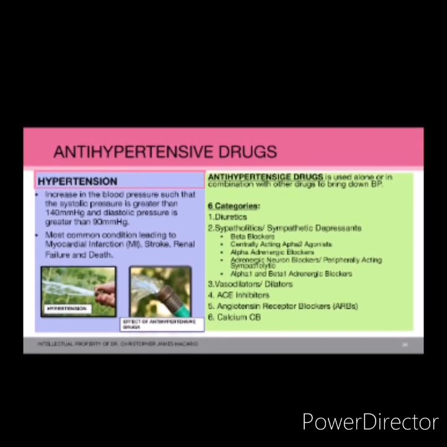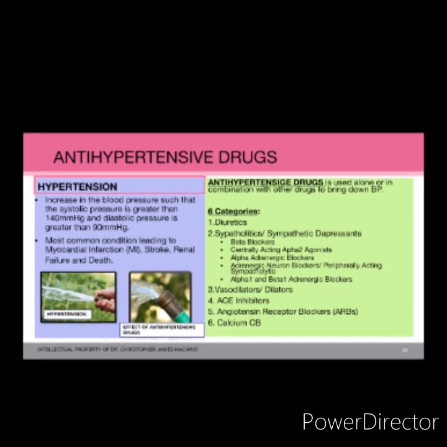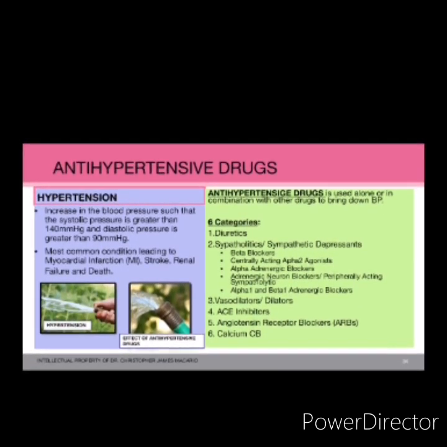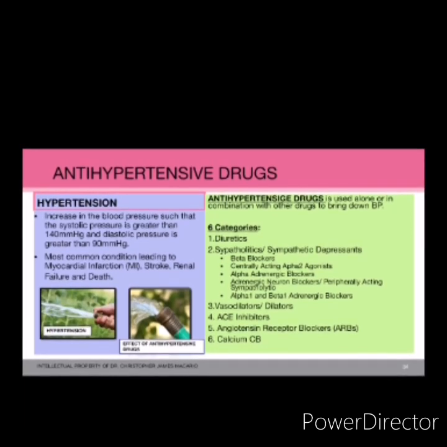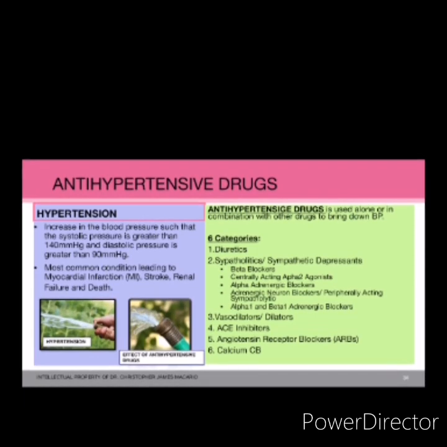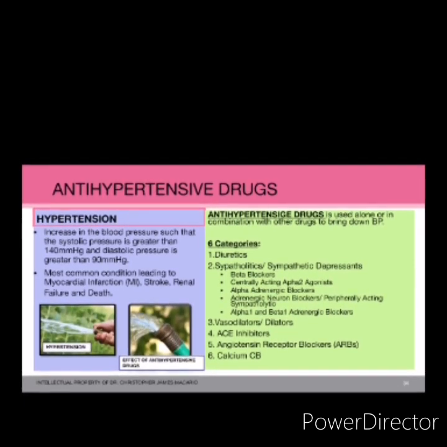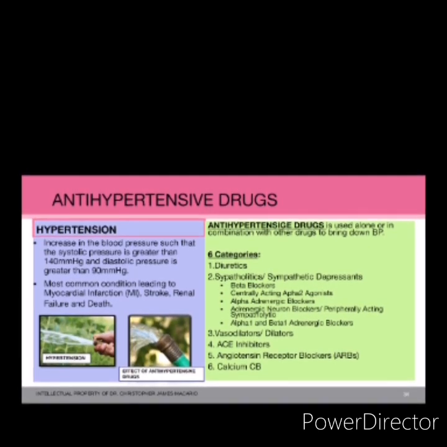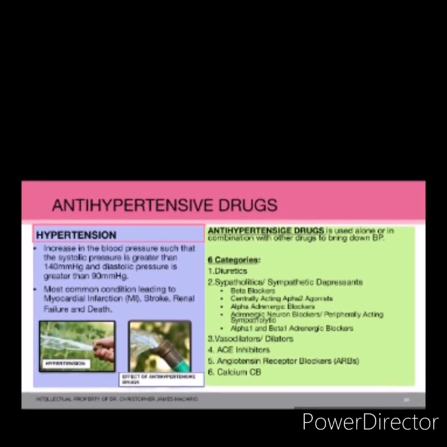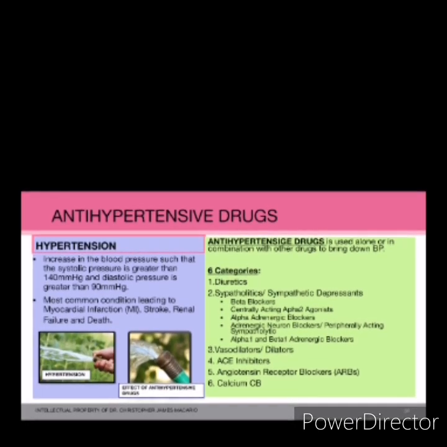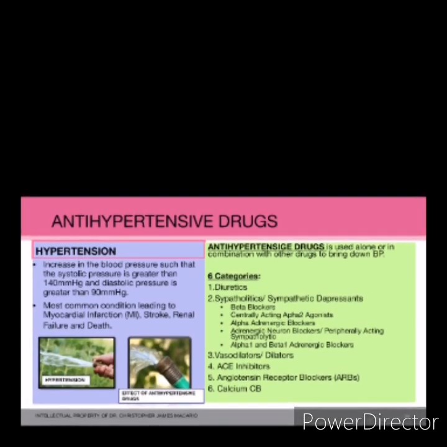There are 6 categories. Number 1, you have your diuretics. 2, sympathetic depressants or sympatholytics, which are your beta blockers, centrally acting alpha 2 agonist, alpha adrenergic blockers, adrenergic neuron blockers or peripherally acting sympatholytic, alpha 1 and beta 2 adrenergic blockers.